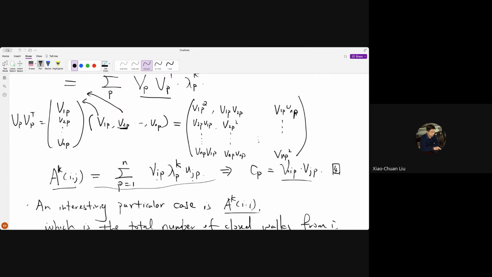This is a matrix, and in each term here, if you take A to the power of k entry ij, you have to take entry ij here for each p, and this is correct, I think.